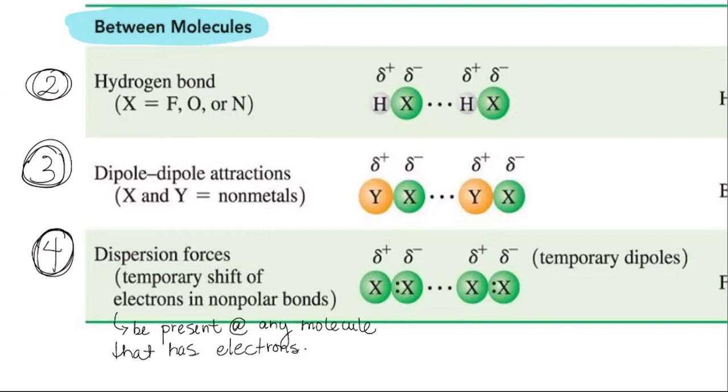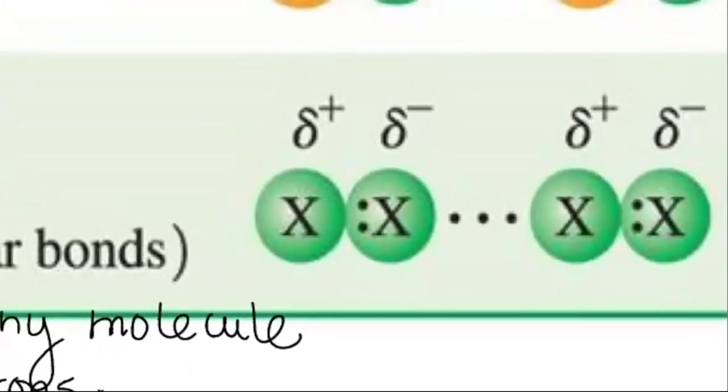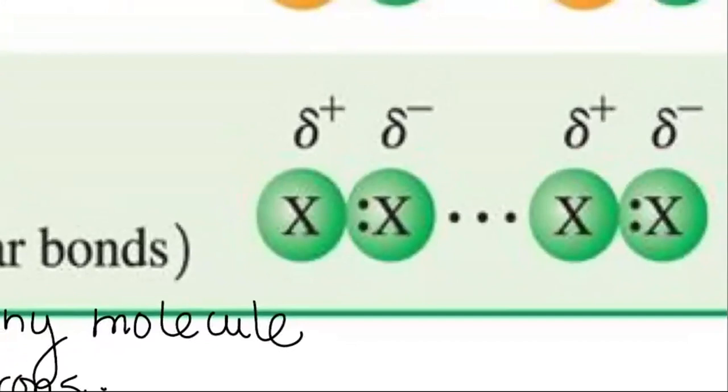Now, since those electrons are circling, sometimes they are going to position themselves in a part of the molecule, and then they're going to create what is called a temporary dipole.